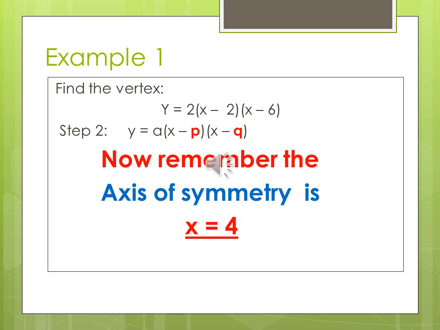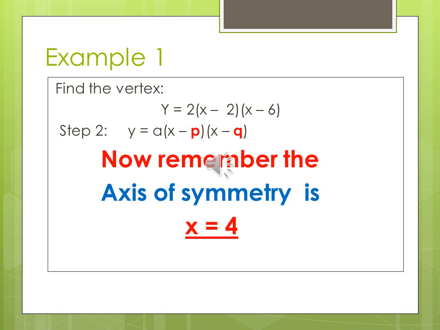I'm going to ask you to think about how we figured out the vertex of the previous problem. It was easy when it was given to us in vertex form, right? But in standard form, we had to do a little bit more work. What happened when we used the formula x equals the opposite of b over 2a?